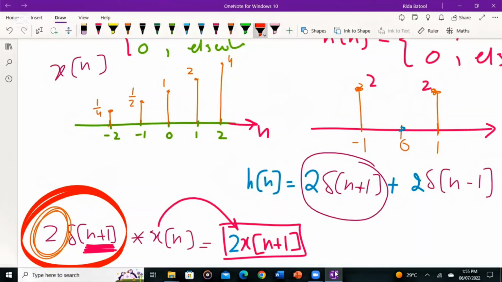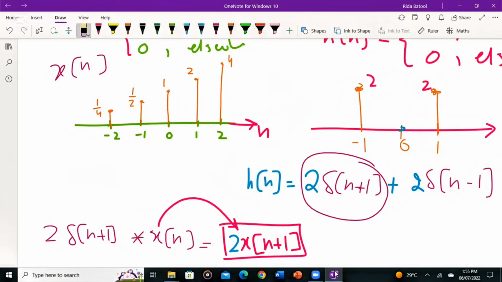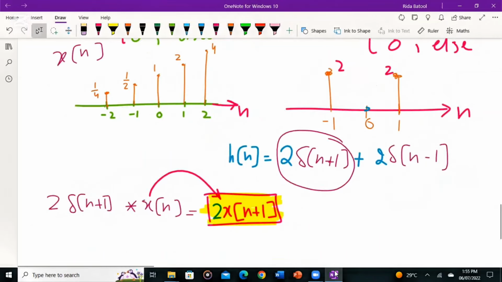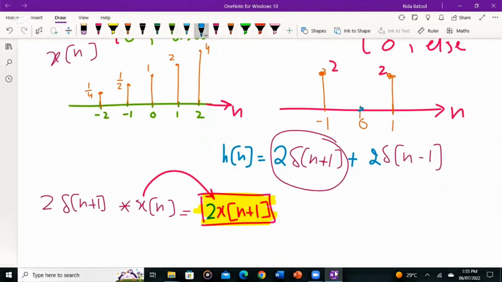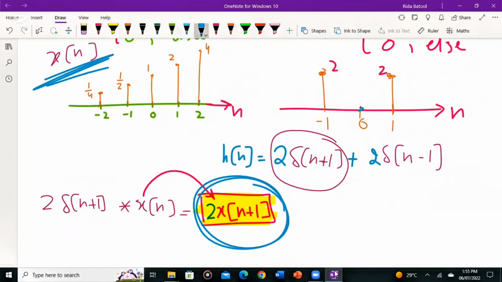Now tell me, in chapter number 1, you have practiced these types of questions in which you have to scale and sketch signals. Can you sketch 2 of x n+1 if x of n is given? Sir, we will divide the value by 2.